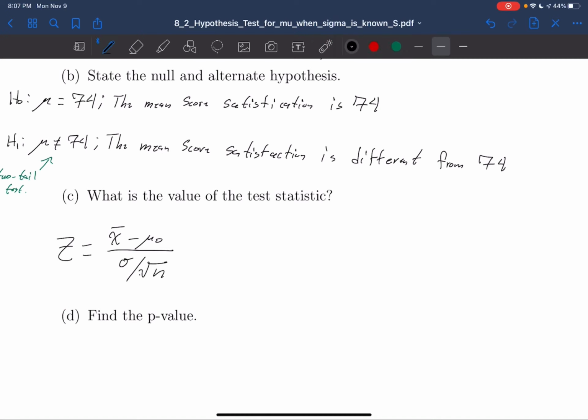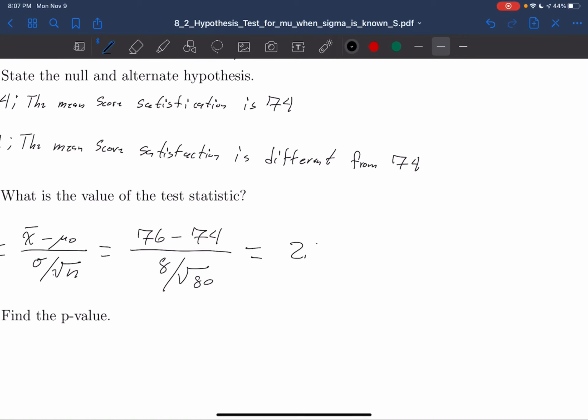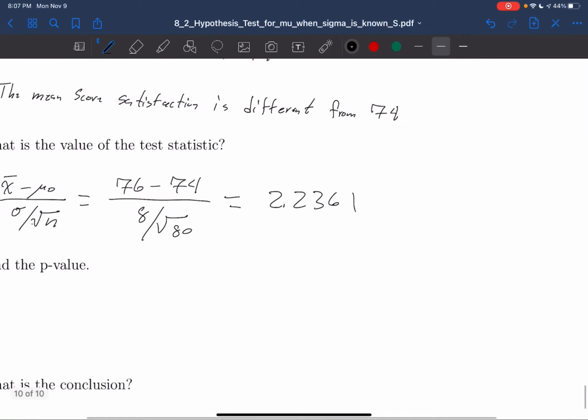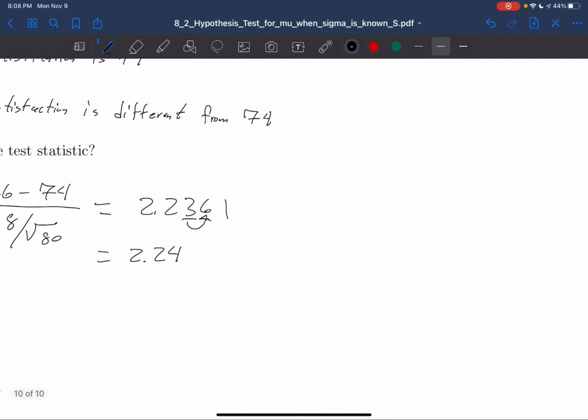So this is going to be equal to 76 minus 74 divided by 8 over square root of 80. And this is going to be equal to 2.2361. But again, we want to round to 2 decimal places, so z here is 2.24.